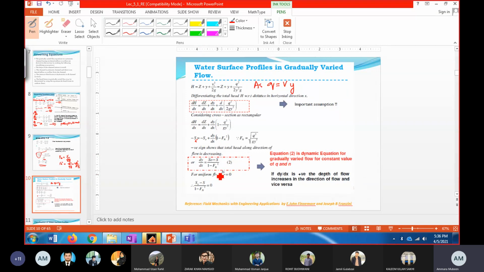And the final form of the equation is the same. So if in the exam you are asked to derive the governing equation for water surface profile sketch, you can derive it from both the methods. Okay.